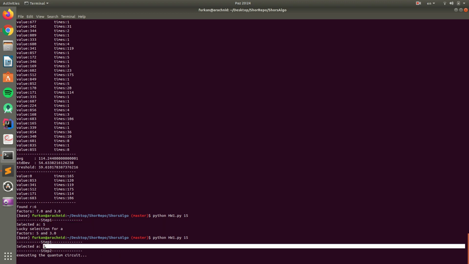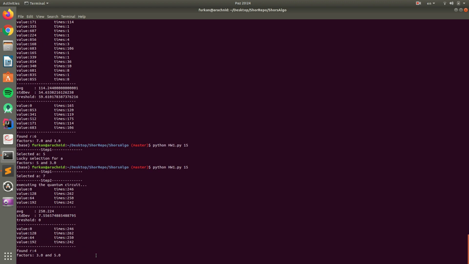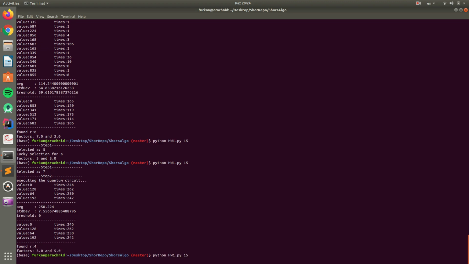So let's run again; it selected A as 7. So it's running the quantum circuit here. It gave R as 4, which is correct, and the factors found are 3 and 5, which is correct.